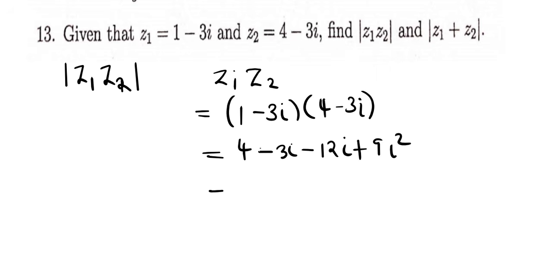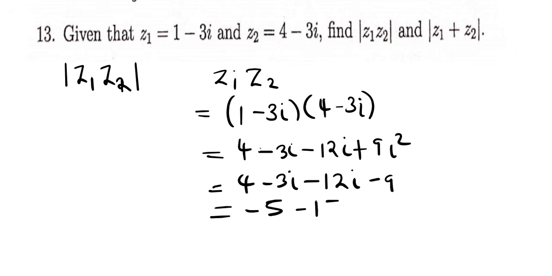Then we're going to have 4 minus 3i minus 12i, and actually not plus now, it's going to be minus 9, because we said i squared is the same as negative 1. Now that we've got this, we're going to have 4 minus 9, that will give us negative 5. Then negative 3i minus 12i, that will give us negative 15i. Then we found that as the answer for these in the bracket.